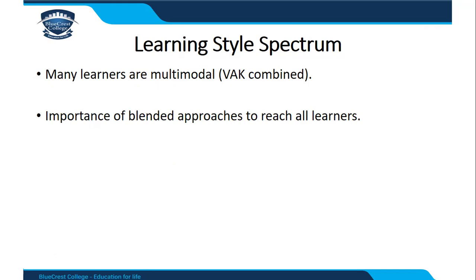So if the content is very practical, then someone who is ideally an auditory learner would want to shift to a kinesthetic learner so that they can get the experience that they want. So you realize that a lot of people are multimodal. Multimodal here means that they can learn effectively through any of the styles, whether it be visual, auditory, or kinesthetic.